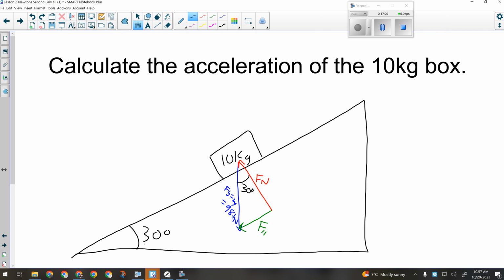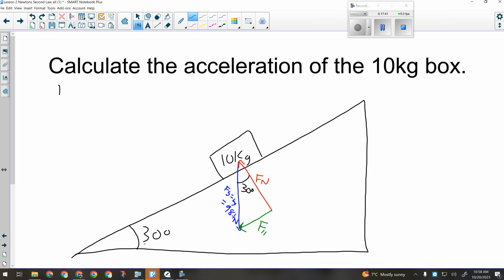Now can I figure out what F parallel is? I have the hypotenuse and I've got an angle. It's a side and an angle. I should be able to figure out the other sides now, yes? So I'm looking for the opposite side, and I have the hypotenuse and this angle.